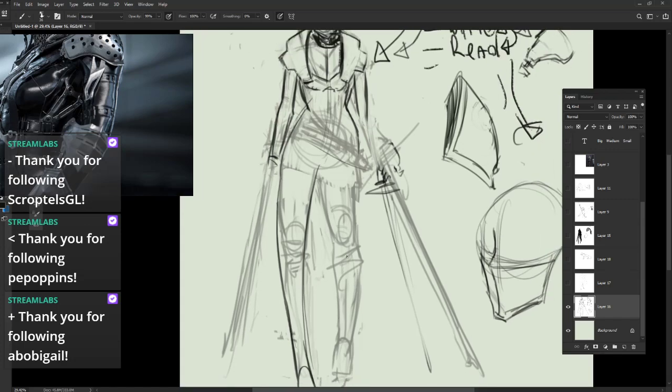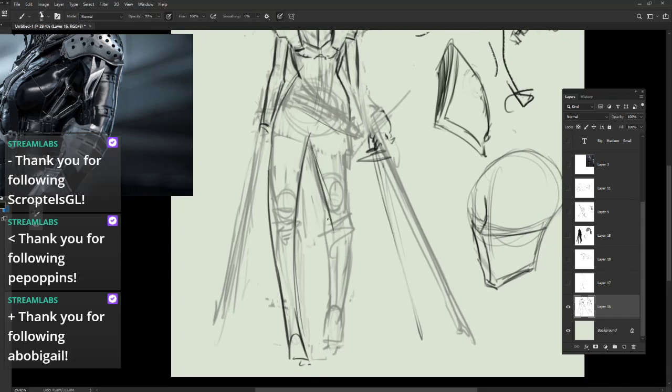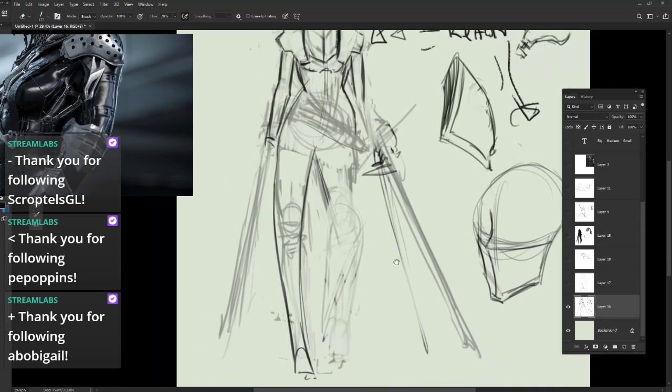Let's draw a little bit of gesture here. Counterbalance. Maybe this could help the character to breathe.